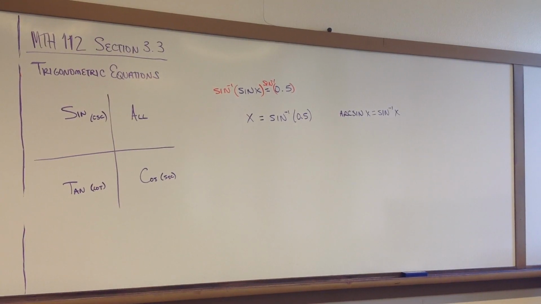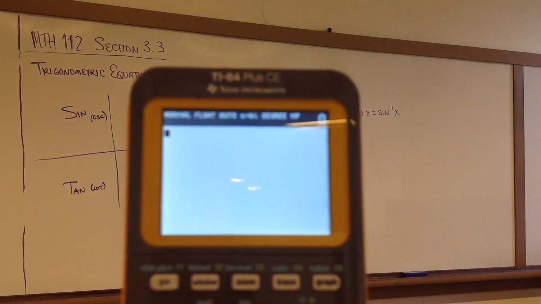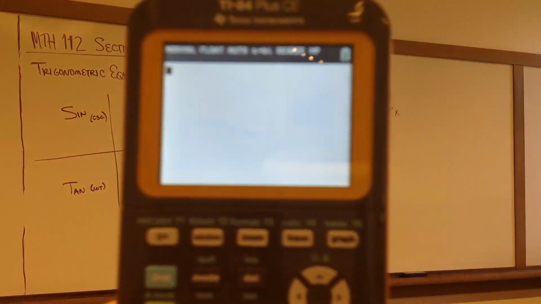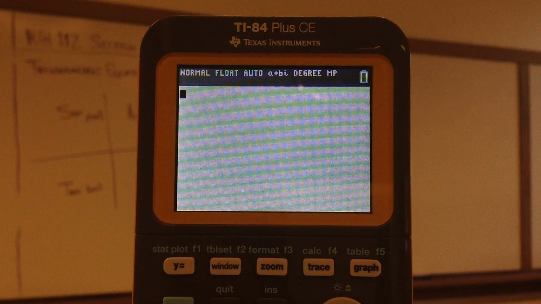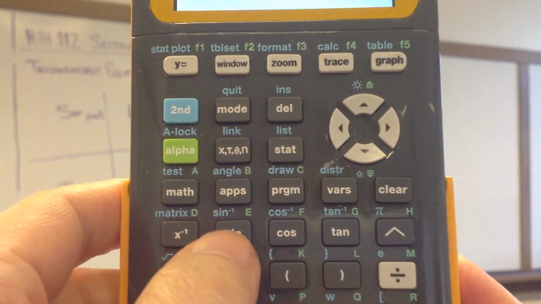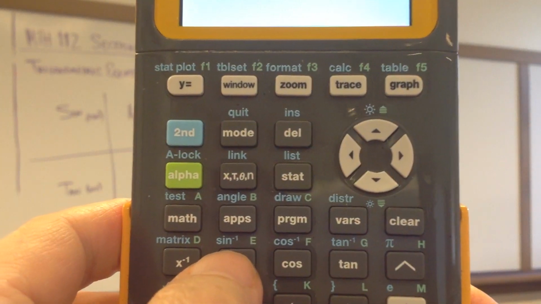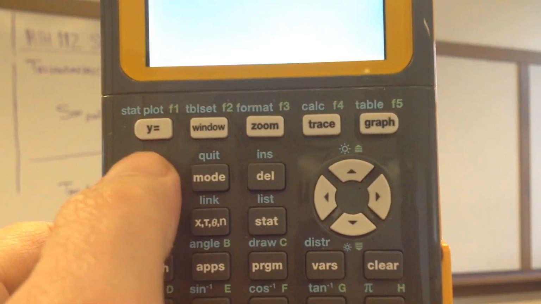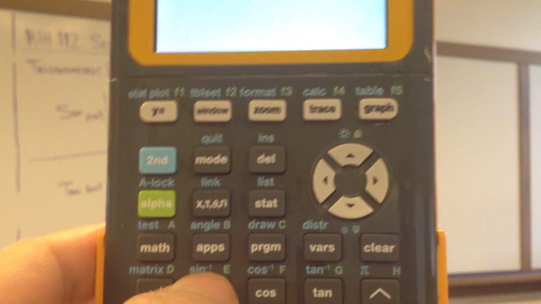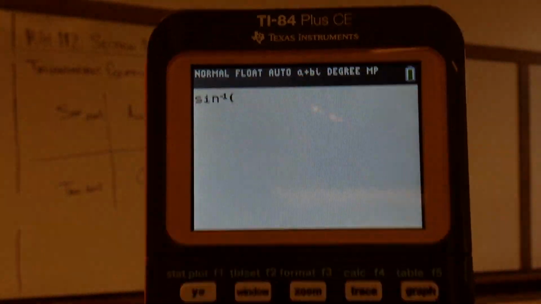And when these things get to more difficult values, then the calculator will become more important. So, all right, there's the calculator. Right above where it says sine, you can see there's the sine inverse. Okay, so you want to hit second sine, and there's the sine inverse.